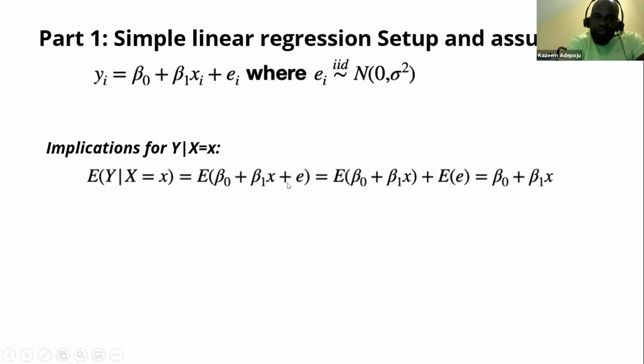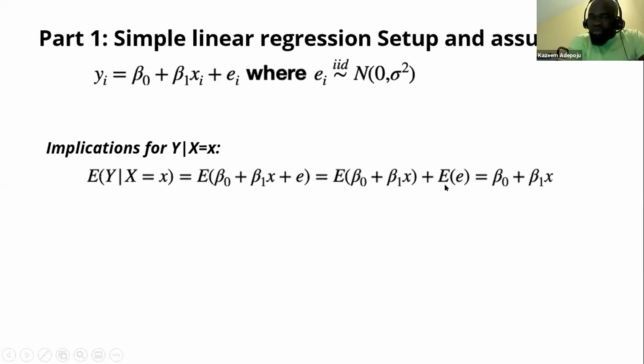When I split it, don't forget there are 2 components here. This is the first component, the systematic part of the model, and this is the second component, the random part. So the expectation extracts the systematic part, which is this one, and it extracts the error, which is this one.